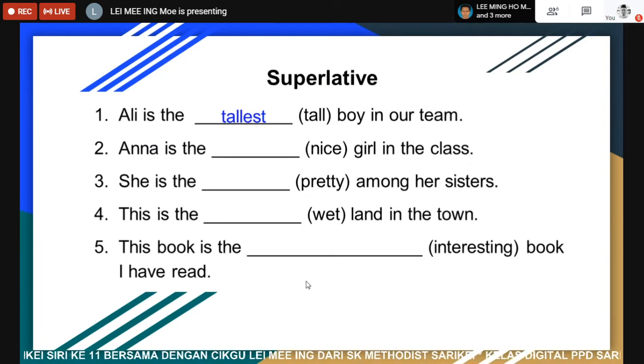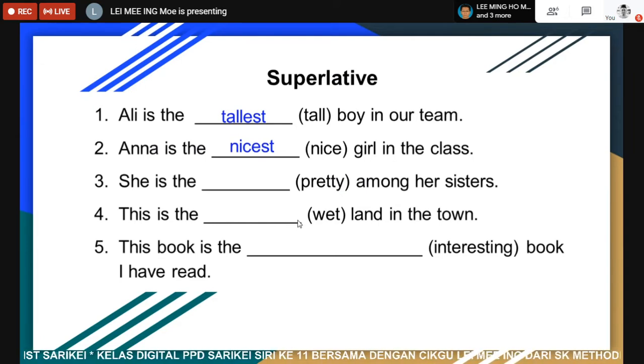Yes, the answer is nicest. So we have the in front of our blank here. We have E as the last letter, so you add ST. This answer follows rule number 3, add ST.